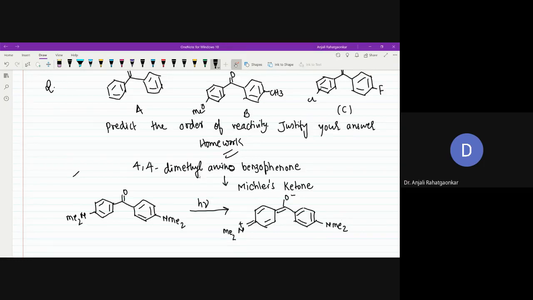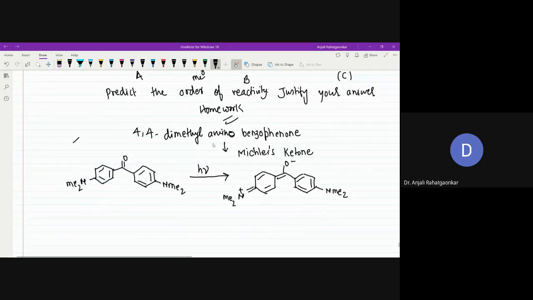Now, up till now what we have seen is that after irradiation, it undergoes a singlet state, then a triplet state. But in this particular moiety, the 4,4'-dimethylaminobenzophenone, which is nothing but Michler's ketone, it absorbs energy, and upon photoexcitation it undergoes intramolecular electron transfer.